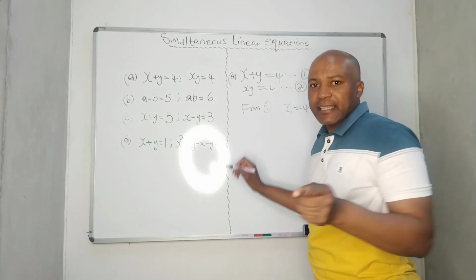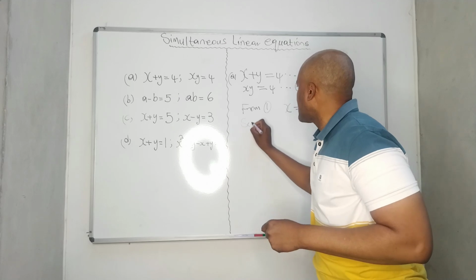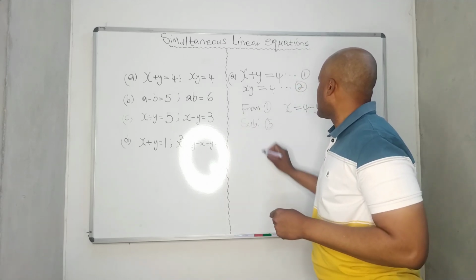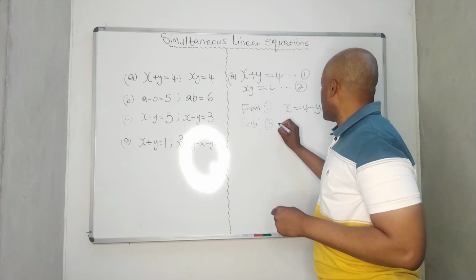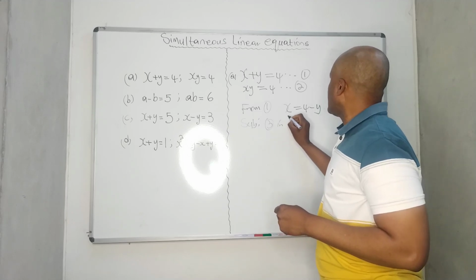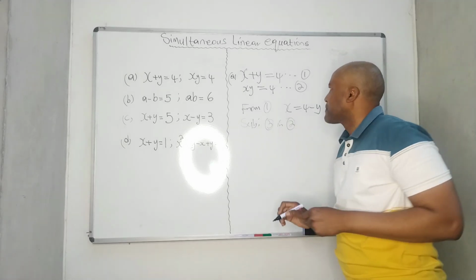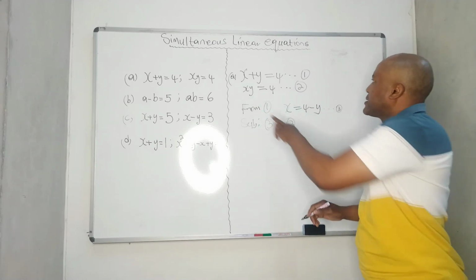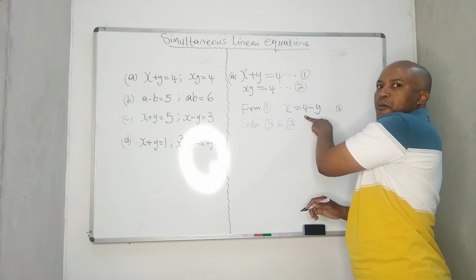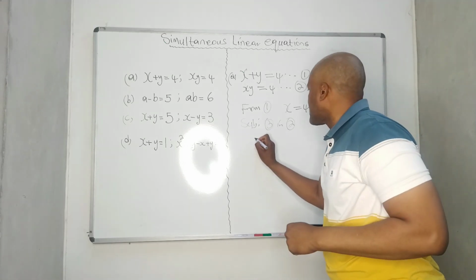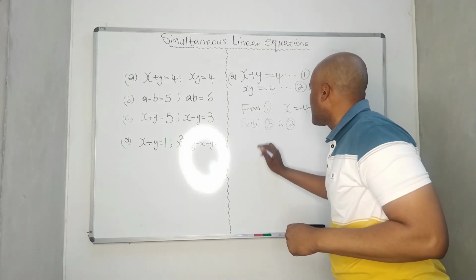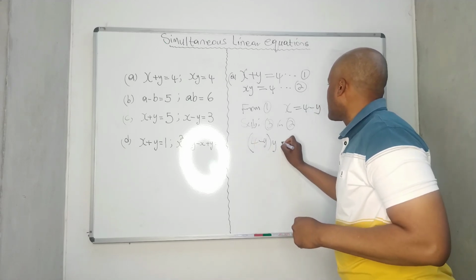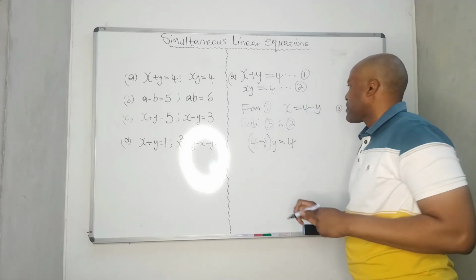Right? You tell the examiner that you are going to substitute equation 3 in equation 2. Okay? Here is equation 2. Then the value of x is 4 minus y. You can say, okay, 4 minus y by y is equals to 4.